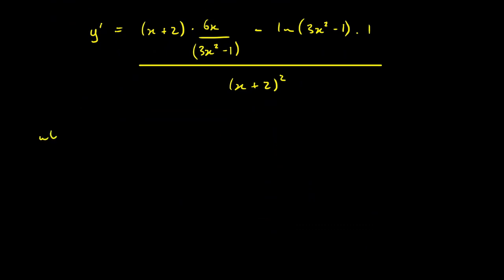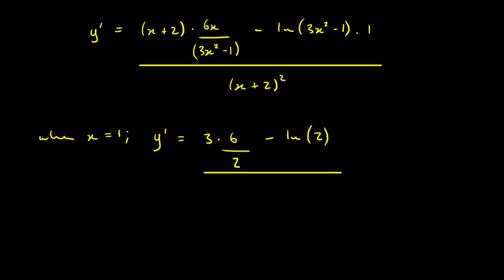So when x is equal to 1, y prime is going to be equal to 1 plus 2, which is 3, times by 6 times by 1, which is 6, over 3 times 1 squared, which is 3, minus 1, which is 2, minus the natural log of 3 times by 1 squared, which is 3, minus 1, which is 2, times by 1, so no change, all divided through by 1 plus 2, which is 3, and then 3 squared is 9.